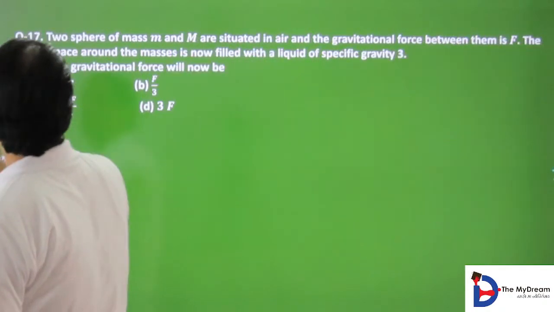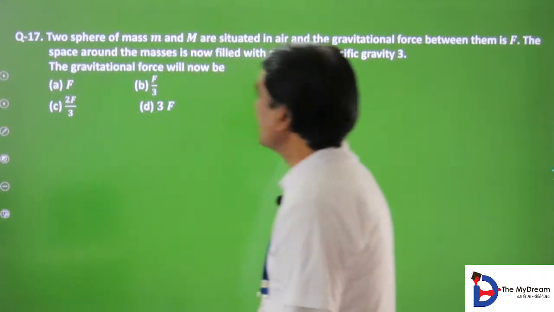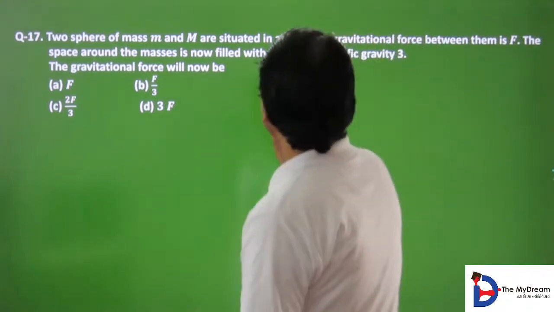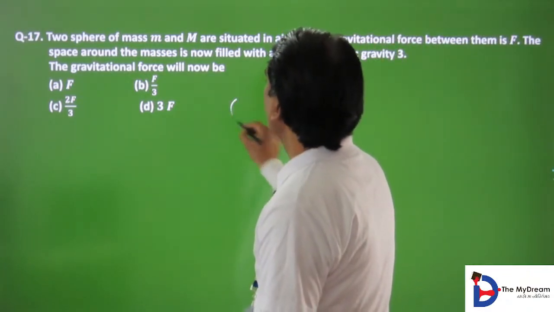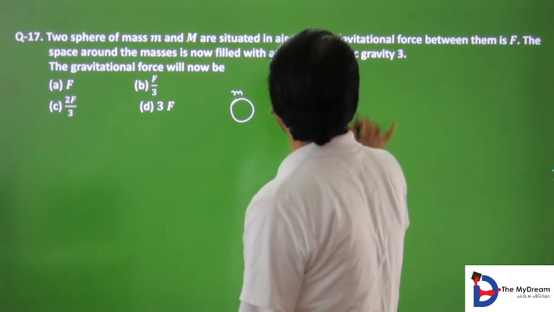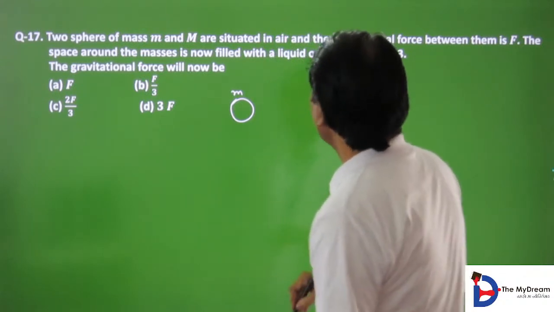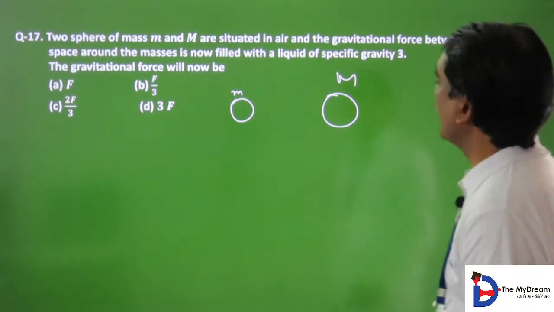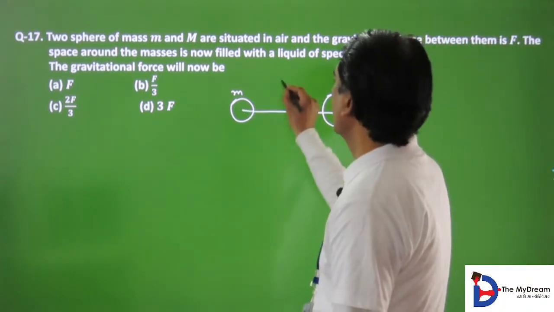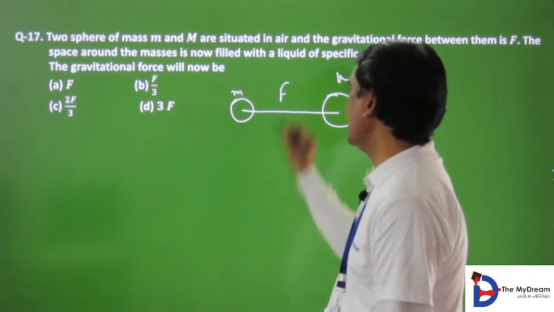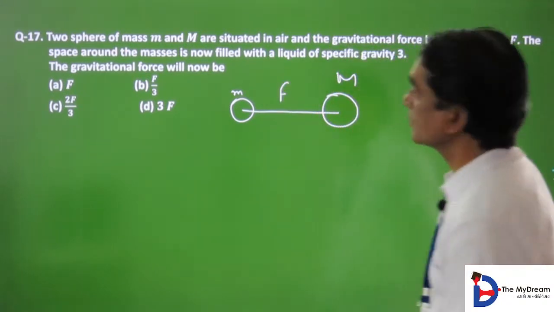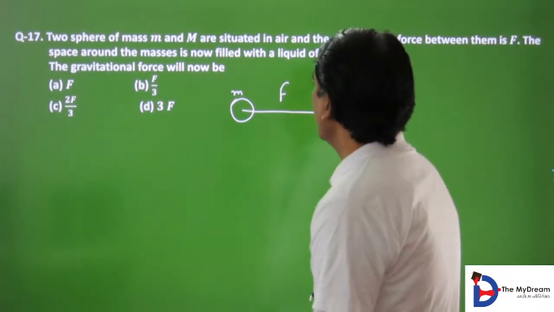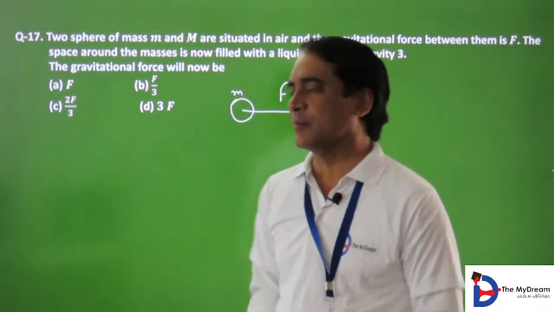Now, two spheres of mass small m and capital M, and the gravitational force between them is capital F. The space around the masses is now, first of all, they are in air.